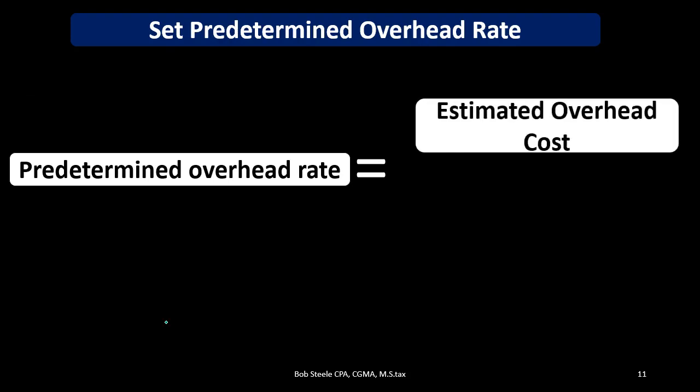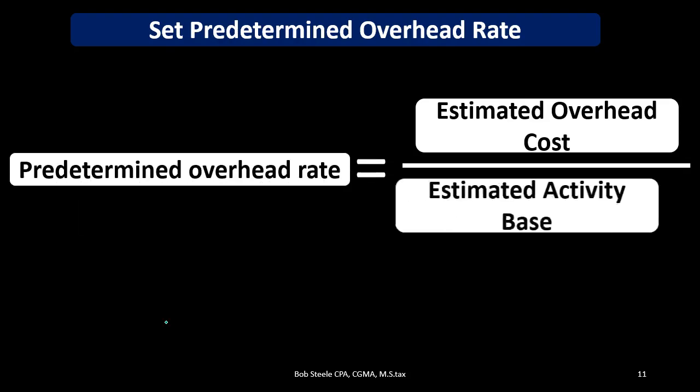That will typically consist of an estimated overhead cost, again, possibly from the prior time period, that we would then adjust for, project out into the future, take the prior number from last month and project what kind of changes might be in the following months, and come up with the estimated overhead cost, what we think the overhead cost will be at the end of the current time period.